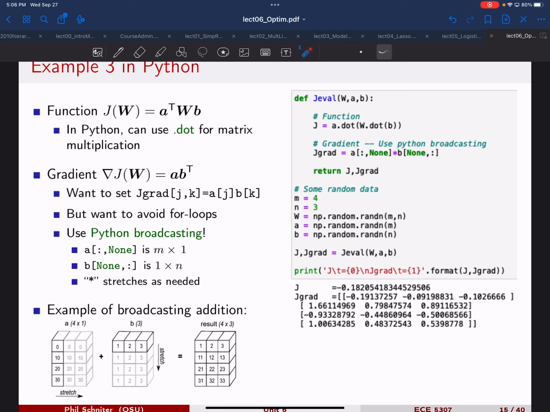To transpose is kind of like to swap the two indices, but if there's only one index, you can't swap it with anything. So it's not clear how to do this in Python when A and B are these one-dimensional quantities. So it gives you this cool option to temporarily think of them as matrices.